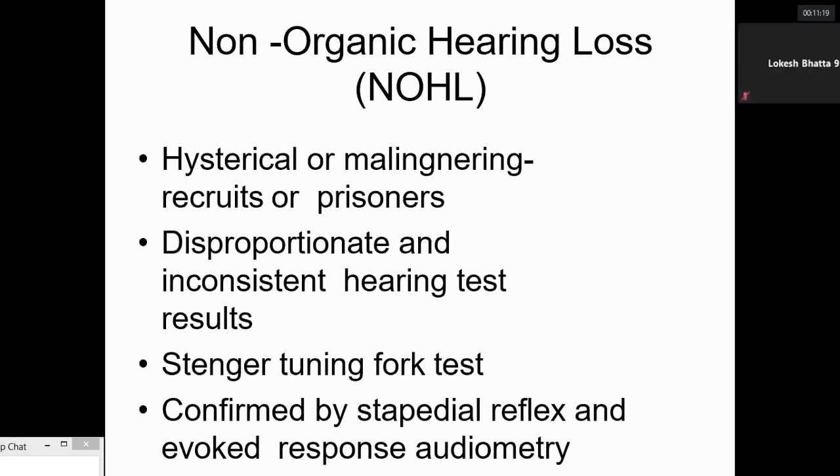In case of hysterical or malingering, as in recruits or prisoners, they just act that they cannot hear, and there is a total loss. This is a medico-legal cause.